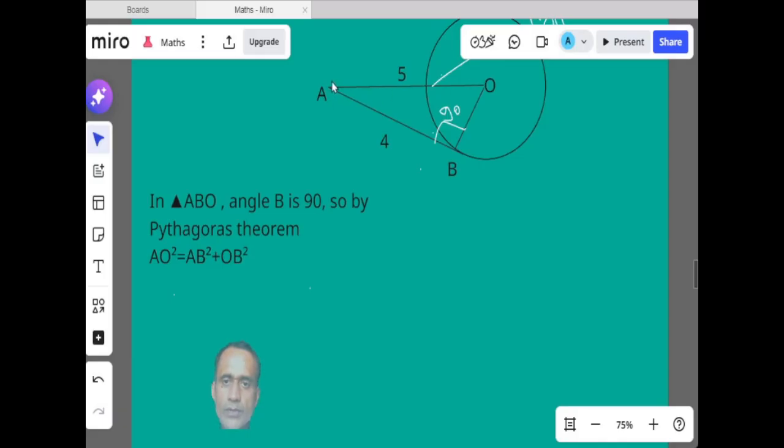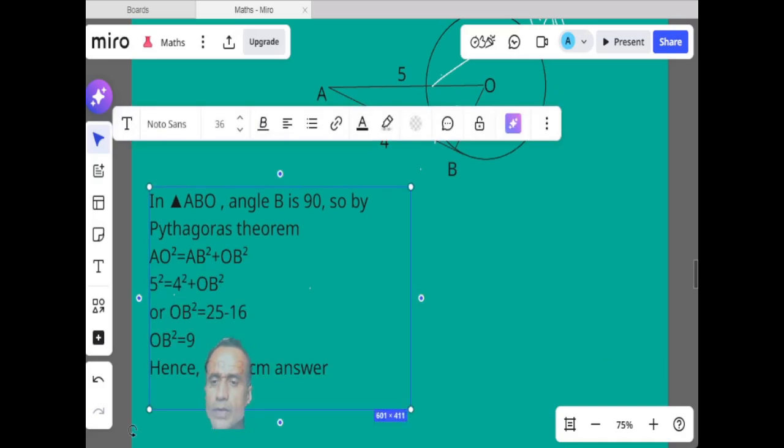So AO square is equal to AB square plus OB square. Now we know AO is 5 centimeters, AB is 4 centimeters. So we need to find OB.